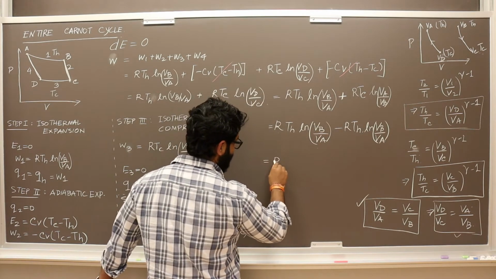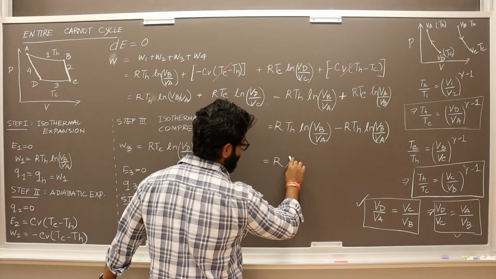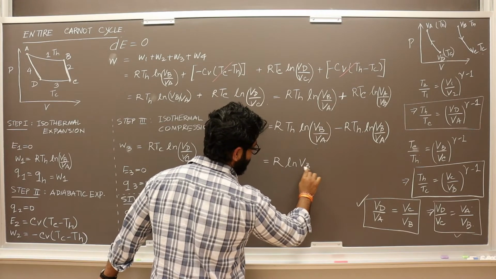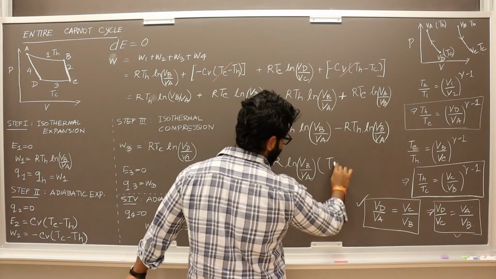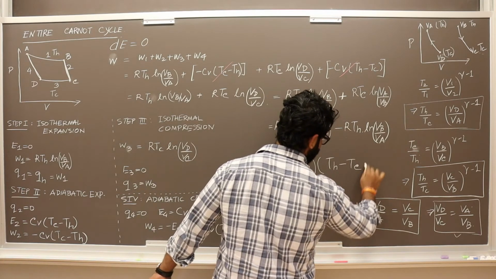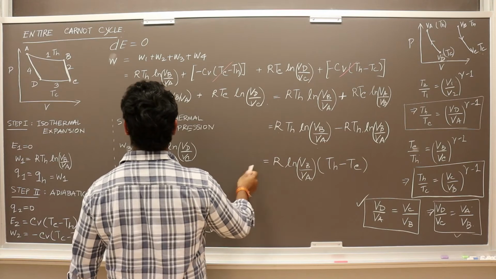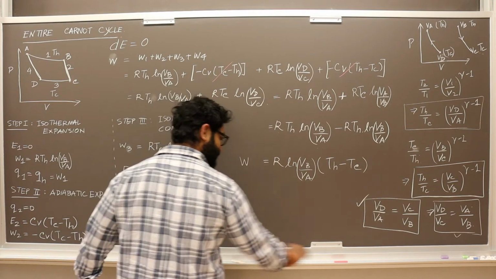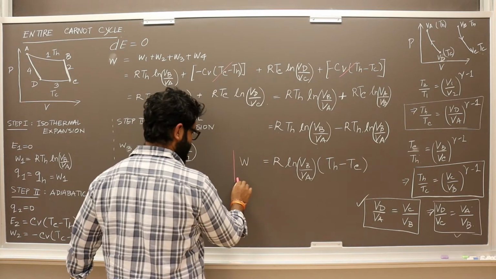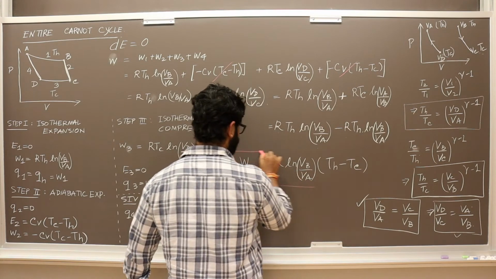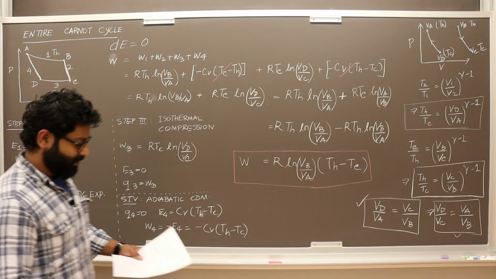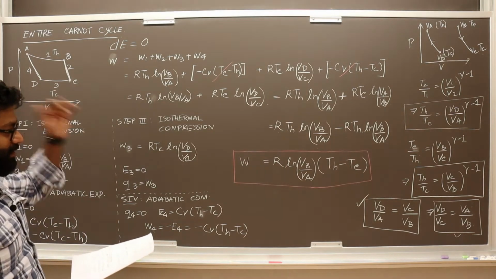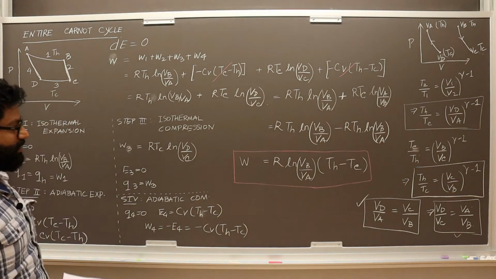So I take this R ln Vb by Va in brackets, T hot minus T cold. So this is the expression for the total amount of work done in this whole Carnot cycle.